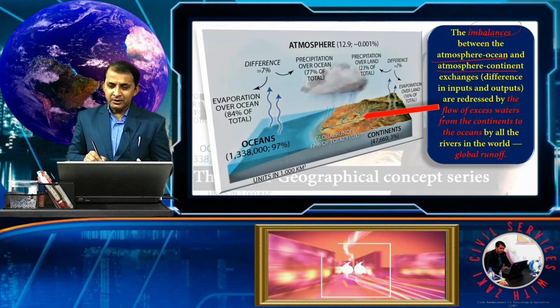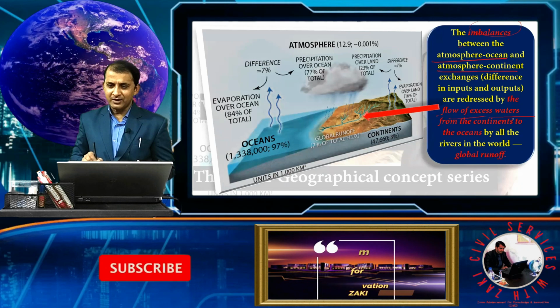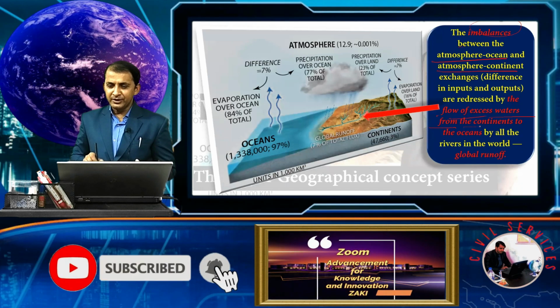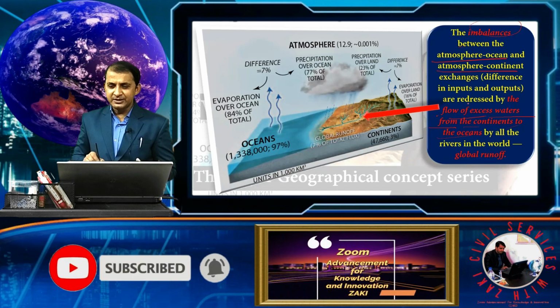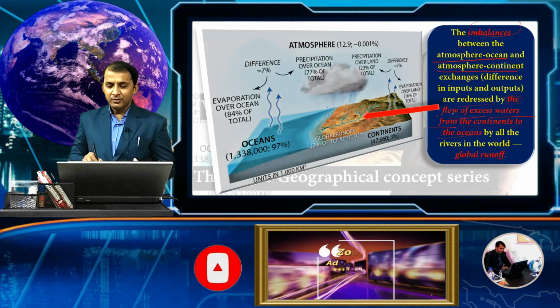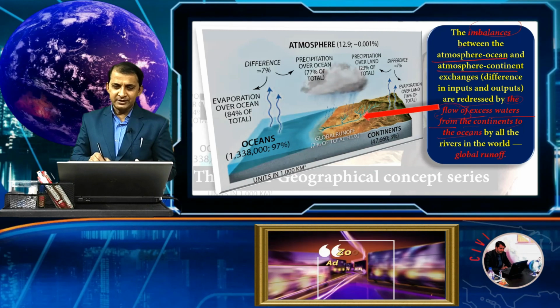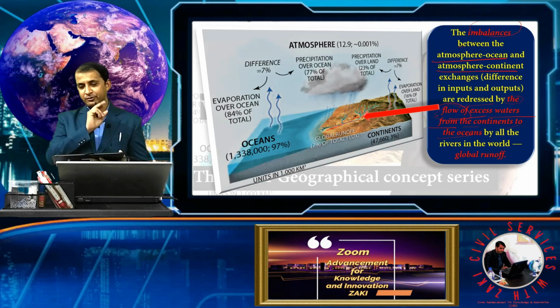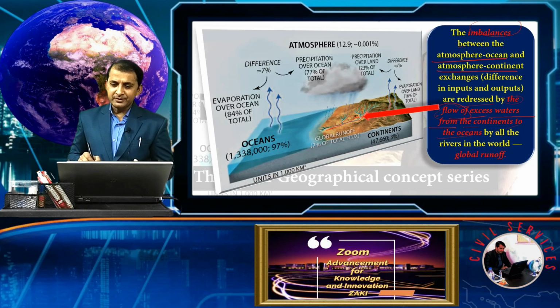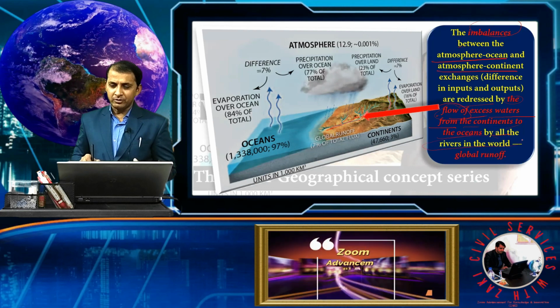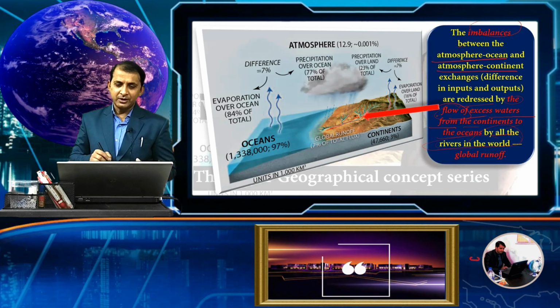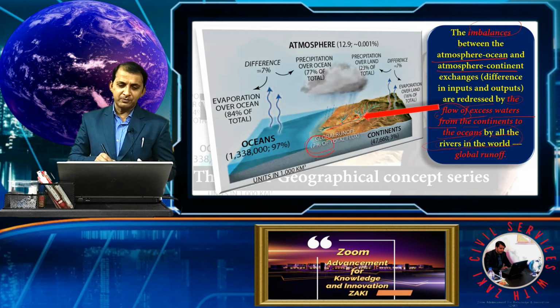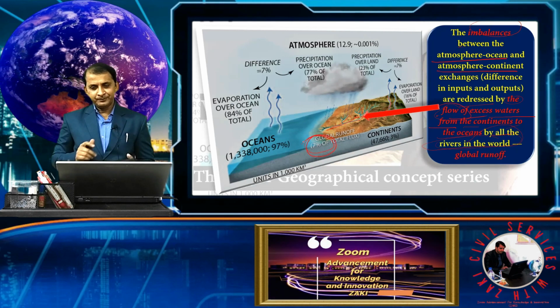These imbalances between the atmosphere and the ocean, and the atmosphere and the continent, are the difference between input and output. So the flux of excess water from the continents to the ocean redresses them. The streams play a significant role, all the rivers of the world. All the rivers of the world contain 7% of the global water.